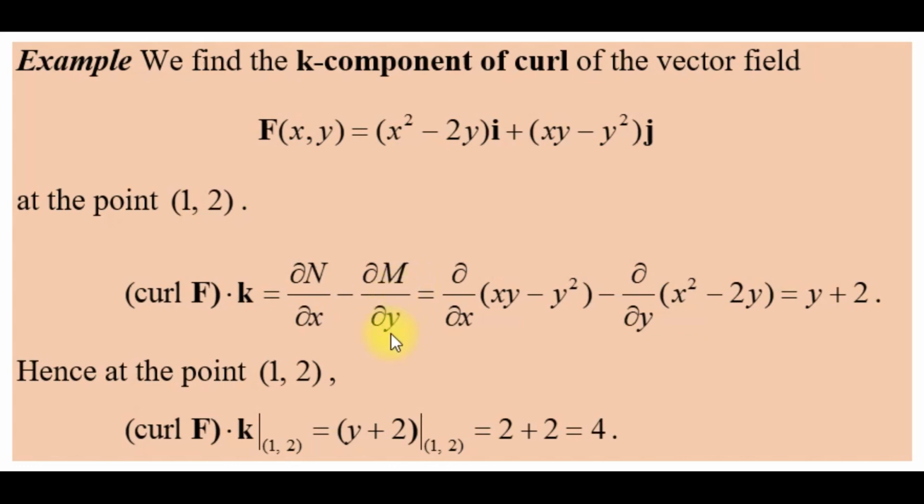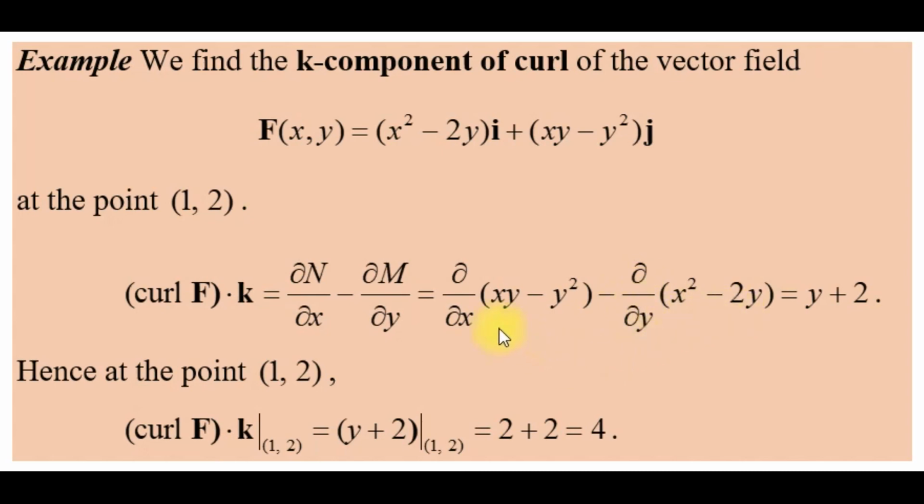Here m is x squared minus 2y and n is xy minus y squared. So this becomes partial derivative of xy minus y squared with respect to x minus partial derivative of x squared minus 2y with respect to y.